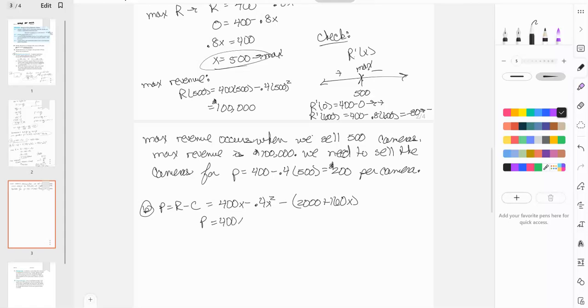Remember, this is a capital P. This book uses a lowercase p for price demand. And I'm going to put this in standard order, so decreasing exponents. 400 minus 160, positive 240 minus 2,000. If we want to maximize profit, we need to take the derivative.